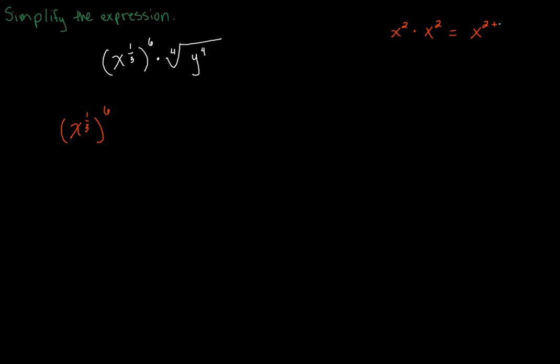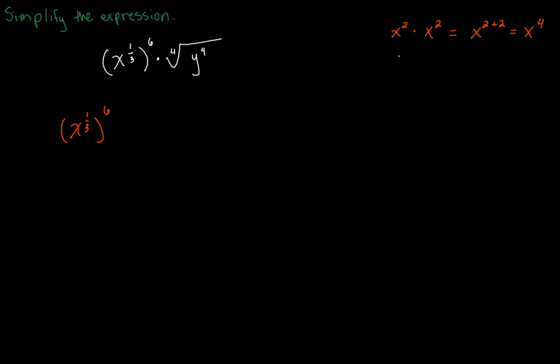So that's x to the 2 plus 2, which would equal x to the 4th, right? So x squared times x squared just gives you x to the 4th.